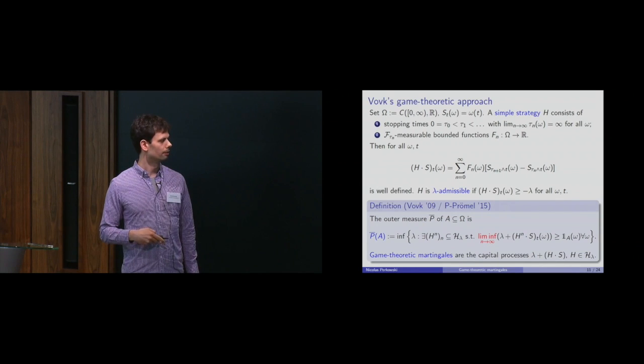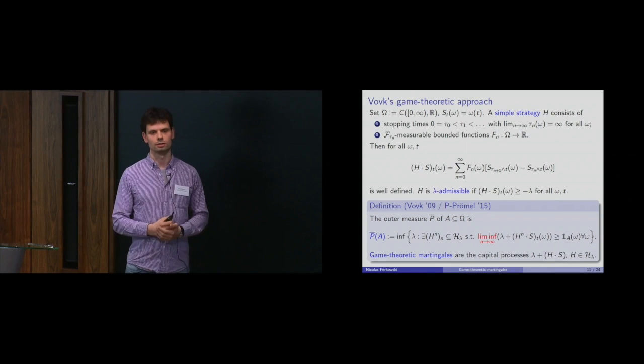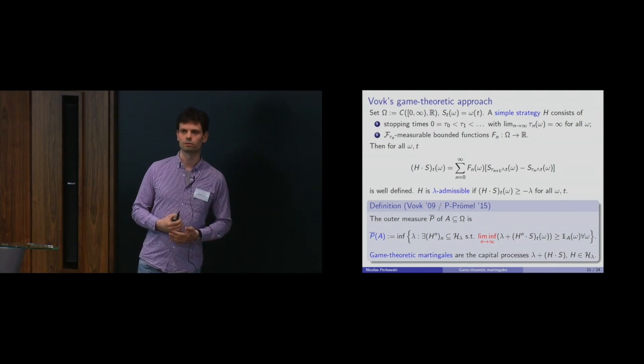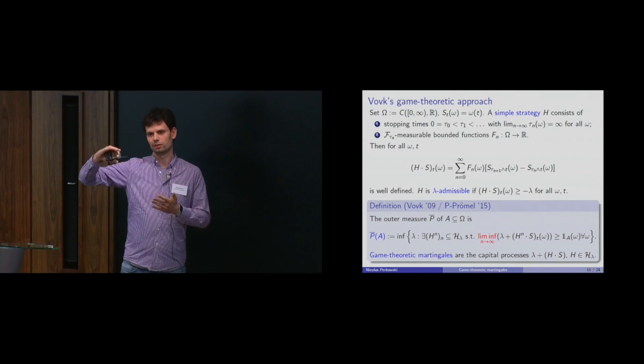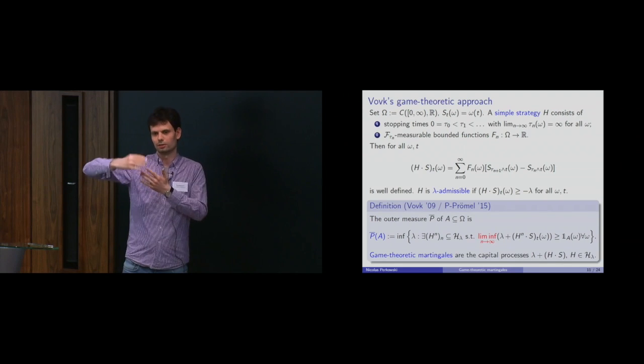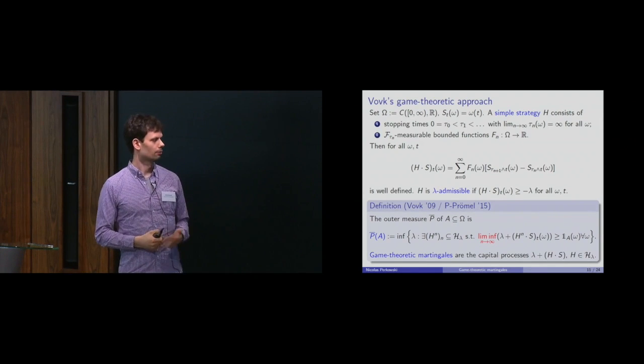So we take here a lim inf, like a worst case scenario along a sequence of simple strategies. It's a bit difficult to interpret because you're not saying you trade with one strategy, but you trade with a sequence of strategies and then you see somehow what happens in the limit. But with this we can do math.